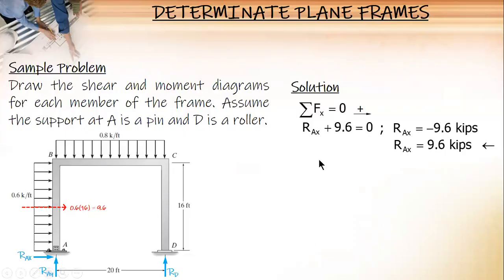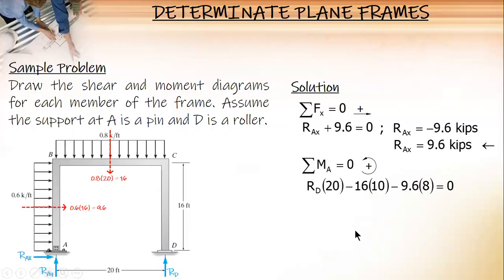9.6. And then, summation of moments at A, because we cannot use summation of force in Y since we still have two unknown forces. So, we will sum up moment at A or D. And before we start, where do we get the resultant? 0.8 times 20, you have 16.